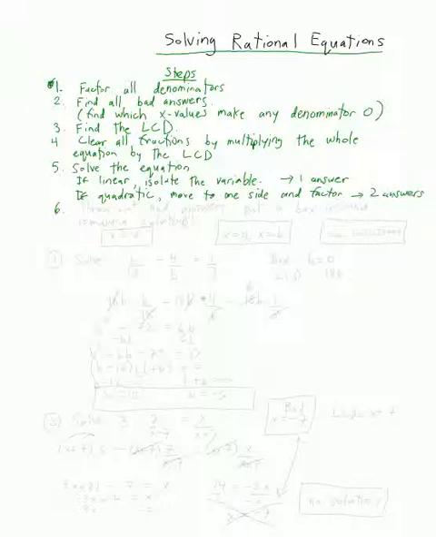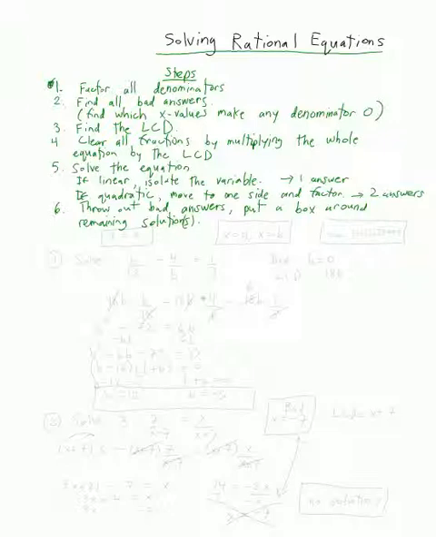But step 6, one of the most important parts. Why did we find those bad answers before? Because any of the answers we get now, if we see that they're actually bad, we throw them out. So throw out the bad answers and put a box around the remaining solutions.